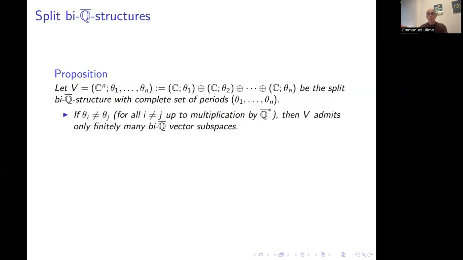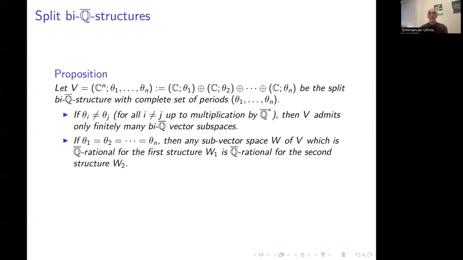The first one is if all the θi are really different, up to multiplication by Q-bar star, then there are only finitely many B Q-bar vector subspaces: just the linear combinations of the one-dimensional ones.